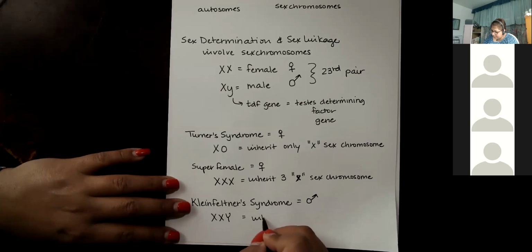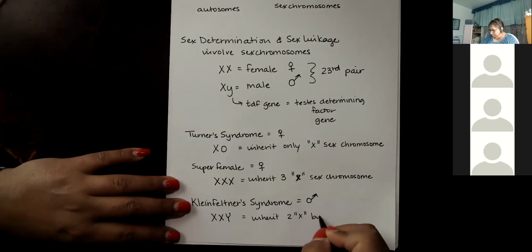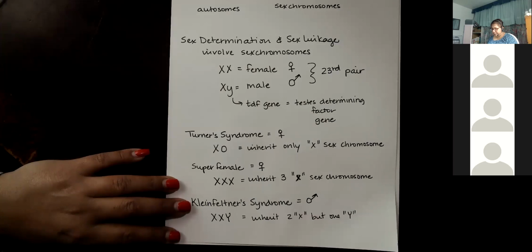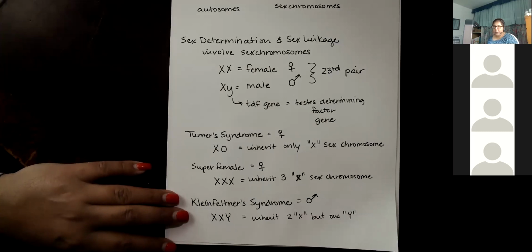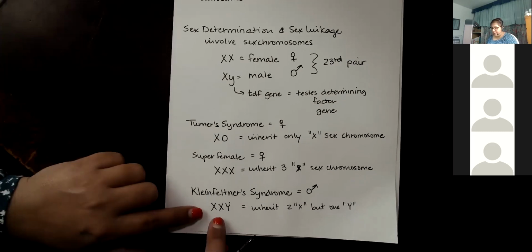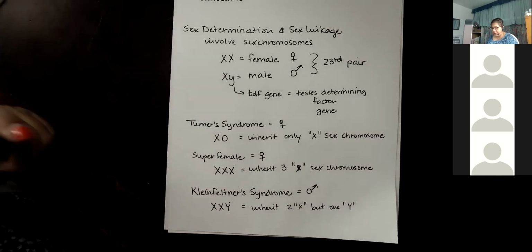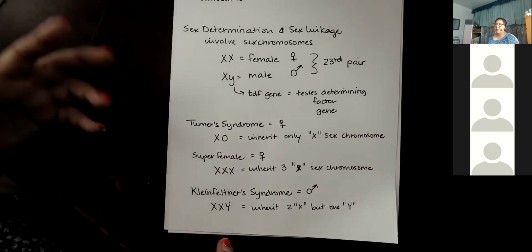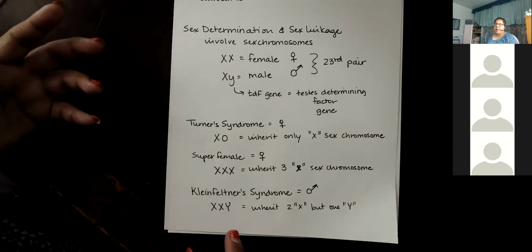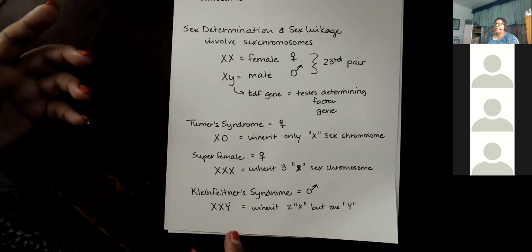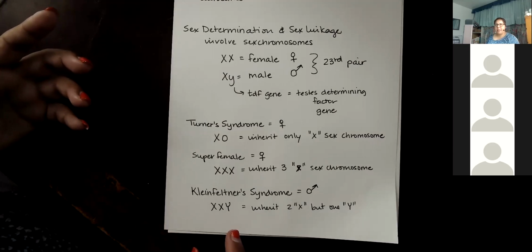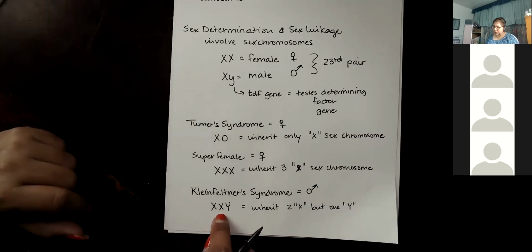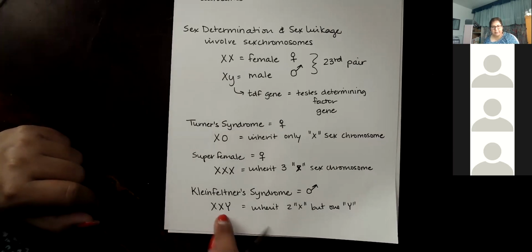So you inherit two X's, but one Y. And these individuals are not so affected as someone with Turner syndrome. These individuals can be completely normal in every way. In fact, there's an estimate, and I was reading something like 1% of all males may actually be like this and not even know it.